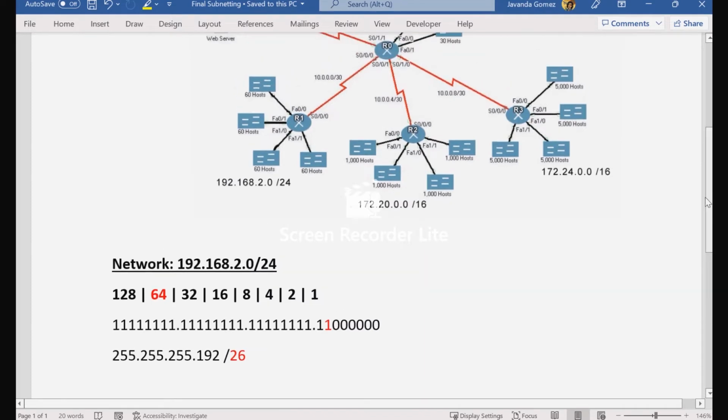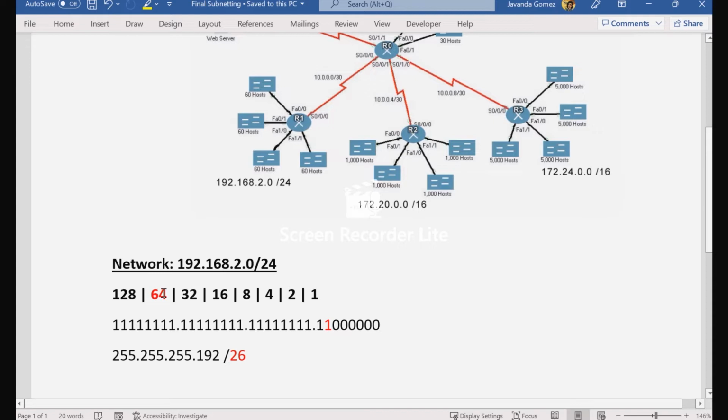So here you can see that I would have already done up the subnetting for this video, so we're going to go through it. Let's start with our router 1. This network's IP address is 192.168.2.0/24, and we are to get 60 hosts per network, and we have 4 networks. In order to get 60 hosts, we'll have to figure out which number here we will be using.